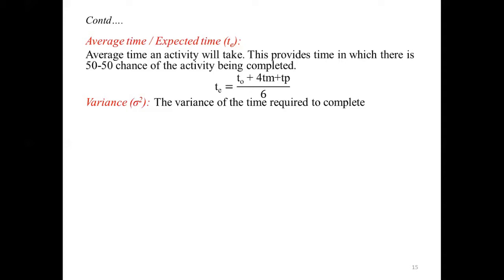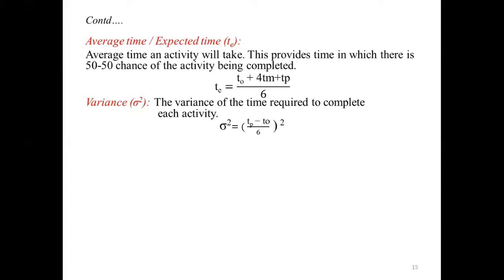Next, variance, denoted as sigma square, is defined as the variance of the time required to complete each activity. Suppose in a project we have 6 different activities; for each activity, the time taken to complete it is known as a variance, and is denoted as sigma square.